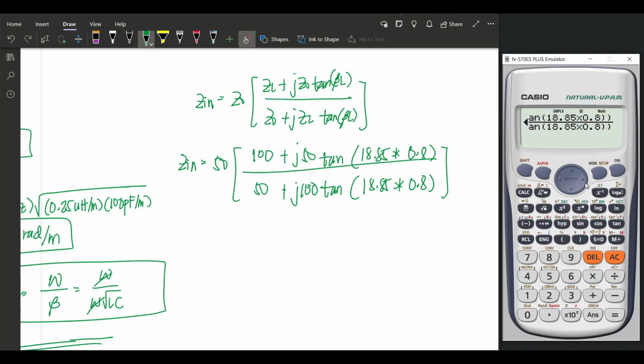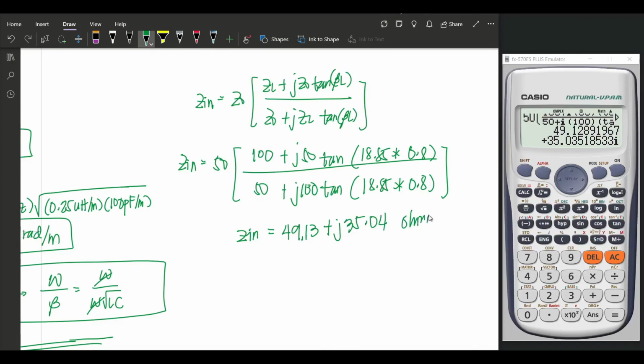Yung 80 centimeter, na-convert natin into meter. Should be meter kasi ang unit nga nito is rad per meter. So to cancel out yung meter, it should be meter. So the answer is 49.13 plus J 35.5, 0.04 ohms. So that is the input impedance. Okay, so that's how you compute for the Zin.